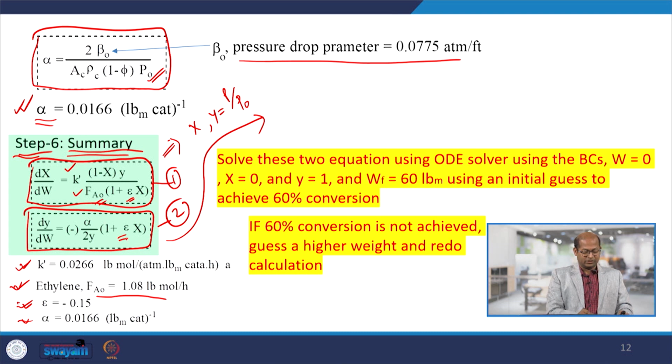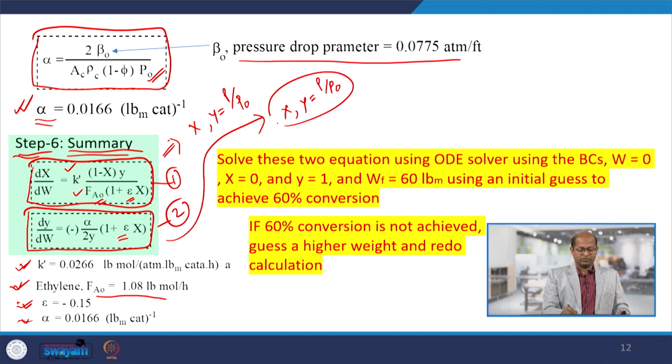So, we can supply these for the solution of these equations. Then the only unknowns in this equation are also x and y, that is P by P naught. Okay. These two components are the unknowns on the right hand side, and the left hand side is dx by dw and dy by dw.